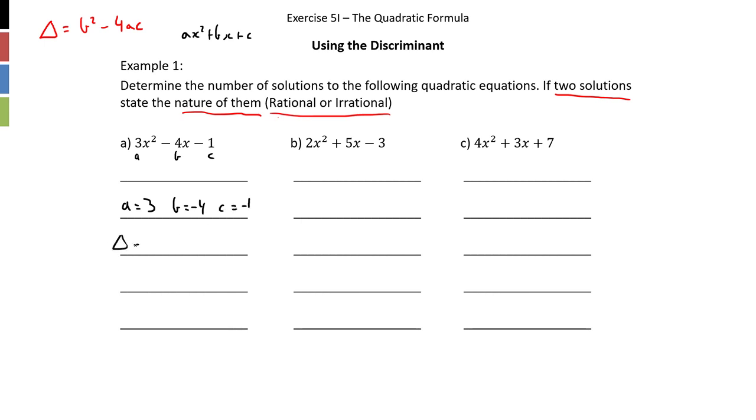So our discriminant is equal to, and this first one I'm going to show the full working out so no one gets lost, b squared, -4 squared, minus 4 times a, which is 3, times c, which is -1. So -4 squared is 16, minus 4 times 3 is 12, and that's -12 times the -1 is +12. So we get +12.